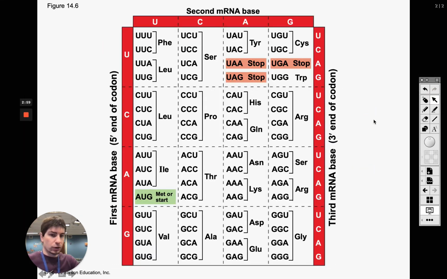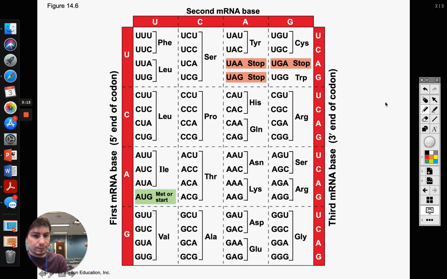So here is our chart, and this is the chart we use for mRNA. This is going to give us our amino acid. Let's say our DNA for our template strand, and I'm just going to use a very small one here, is A, G, C. Say this is 3', this is 5'.